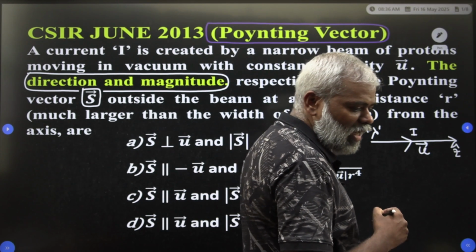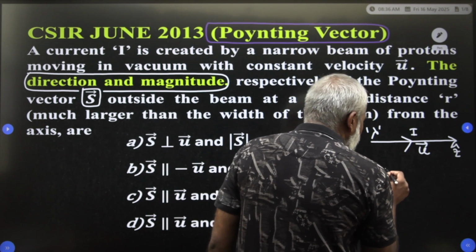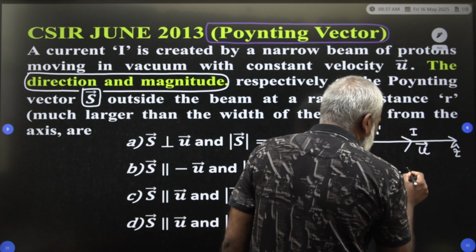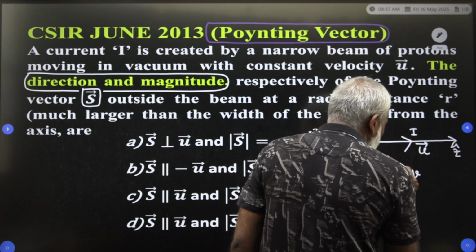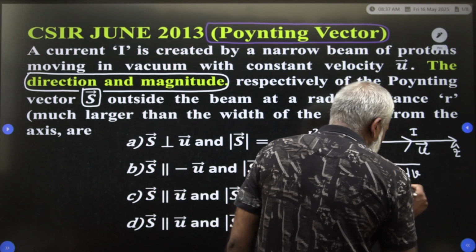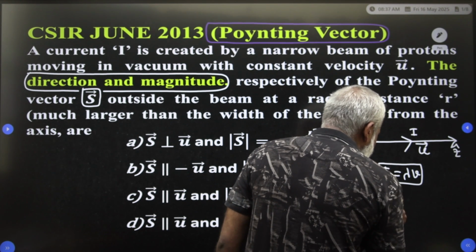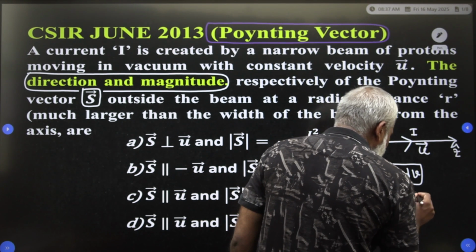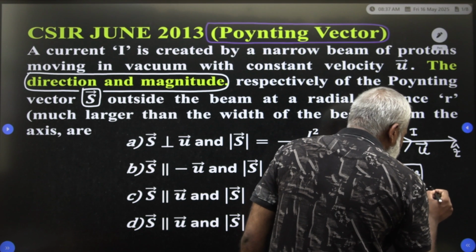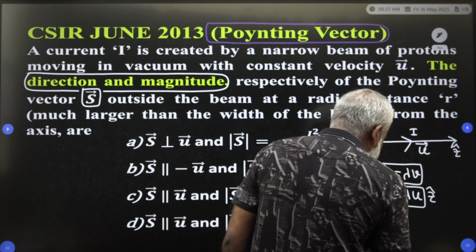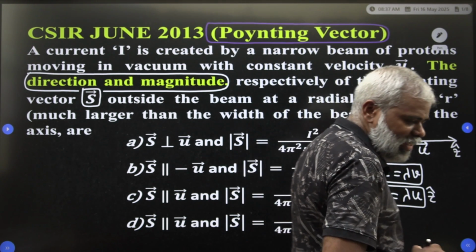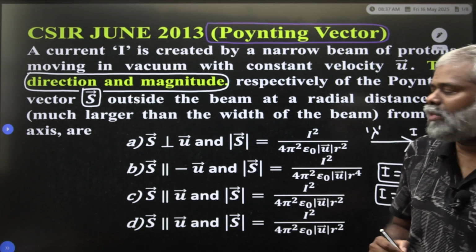How do we calculate it? We know that I is equal to lambda into v, but since this is a linear current moving in the z cap direction, I is equal to lambda into u.